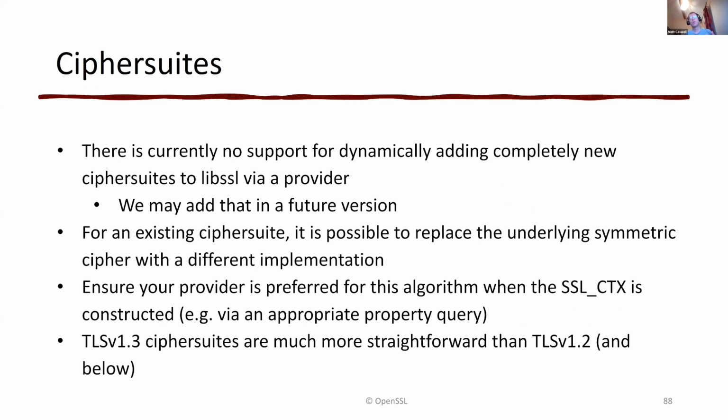So you just need to make sure your provider is preferred for that algorithm when the SSL context is constructed. And then there's a few hoops that you need to jump through. It's a lot more straightforward for TLS 1.3 Cipher suites than it is for TLS 1.2. So I'm going to talk about TLS 1.2 first.